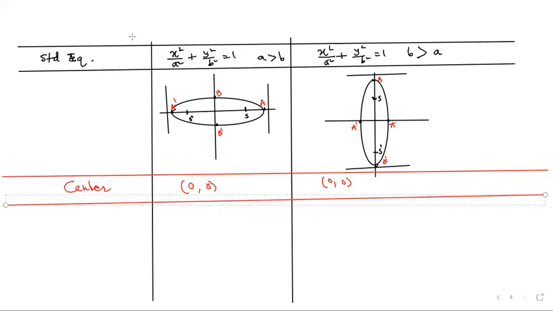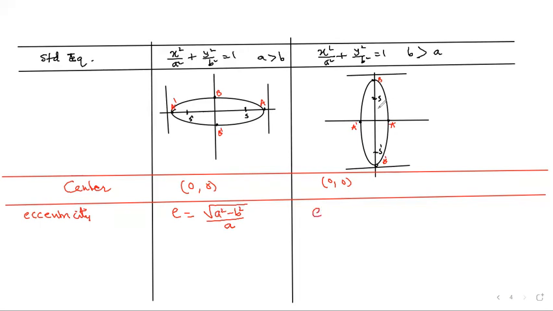Yes, sir. Then next comes how to calculate E. E is eccentricity, I'll write eccentricity. E is calculated by root of a square minus b square upon a. Remember, a is bigger than b. So a square minus b square will be a positive number. Heard me properly? Yes, sir. Because a is more than b, this will be a positive number.